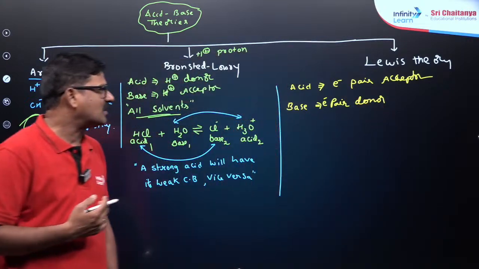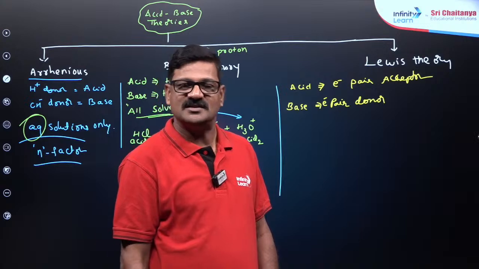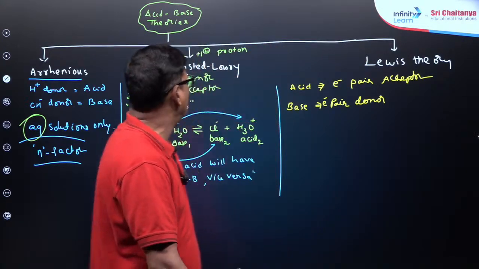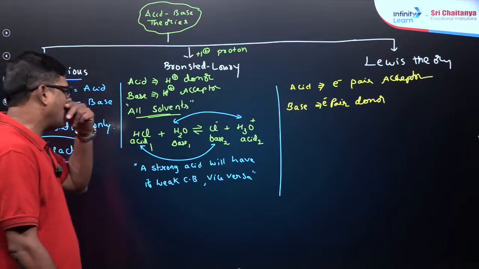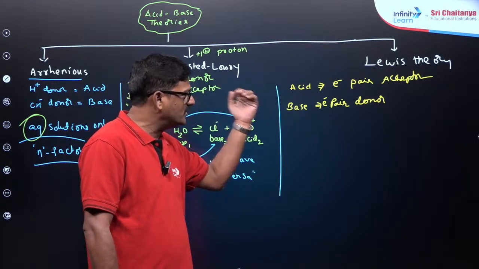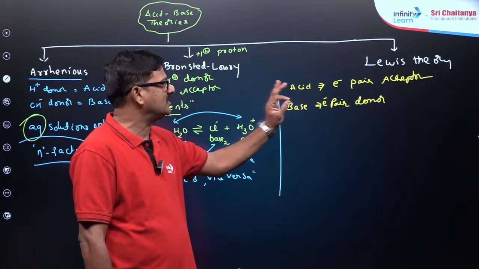So the complete transfer of a pair of electrons from base to an acid and form a dative bond is called neutralization. So this is about the class of a Lewis acid, the class of a Lewis base, and everything is going to be very important in classification.